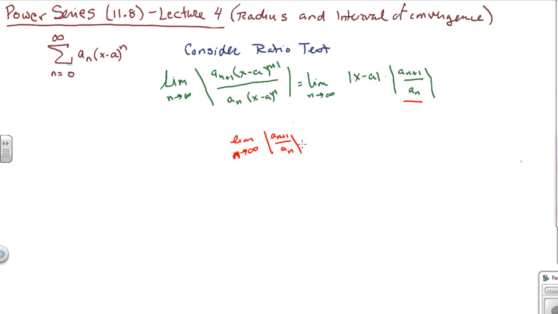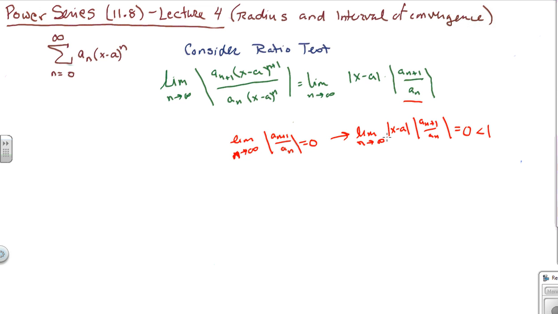So one thing that could happen is that could equal 0. Now, if that equals 0, then what's happening to this thing? Then x minus a might be 0 itself, but it's some finite number for a fixed x. So that means this limit here has got to equal 0 too, which of course is less than 1.